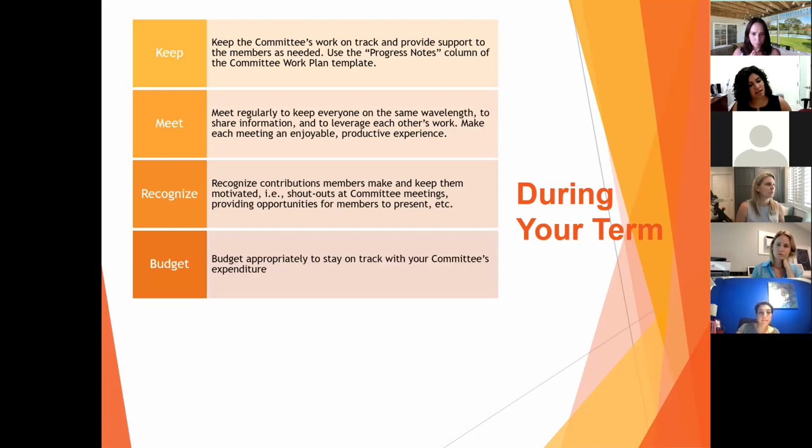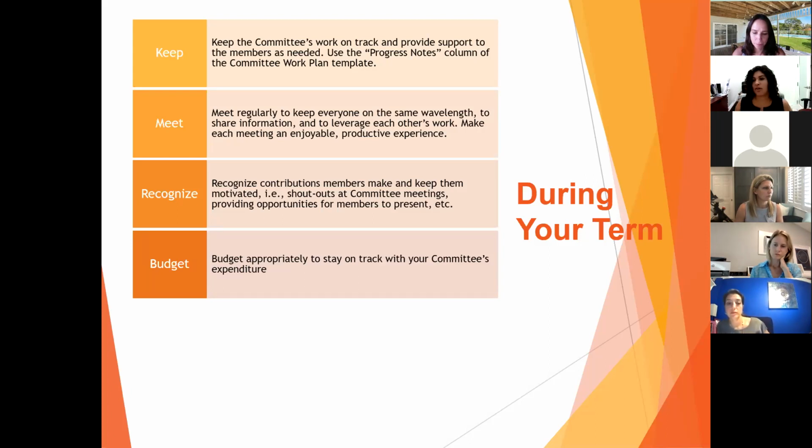Also, budgets. We are going to have a whole meeting on budgets because budgets can be a little tricky if it's the first time you're ever seeing that Excel sheet. You are responsible for keeping your committee's budget along the year. So if you have a certain amount of money, plan ahead in the beginning of the year how much you can spend per event, how much you can spend per different line item.